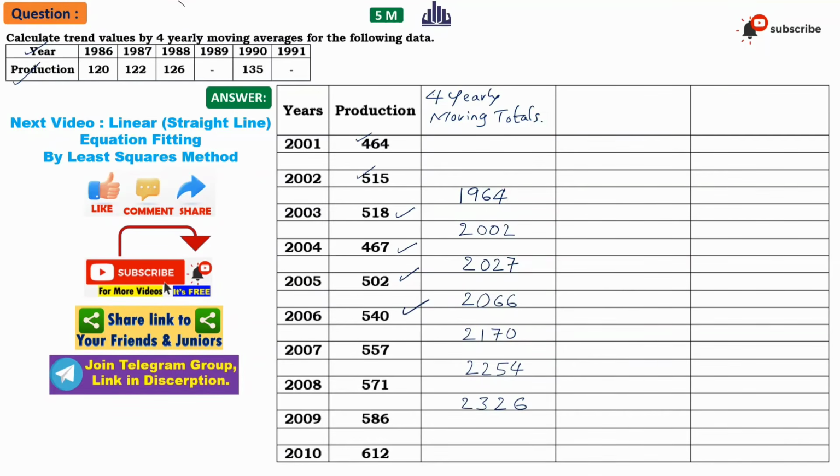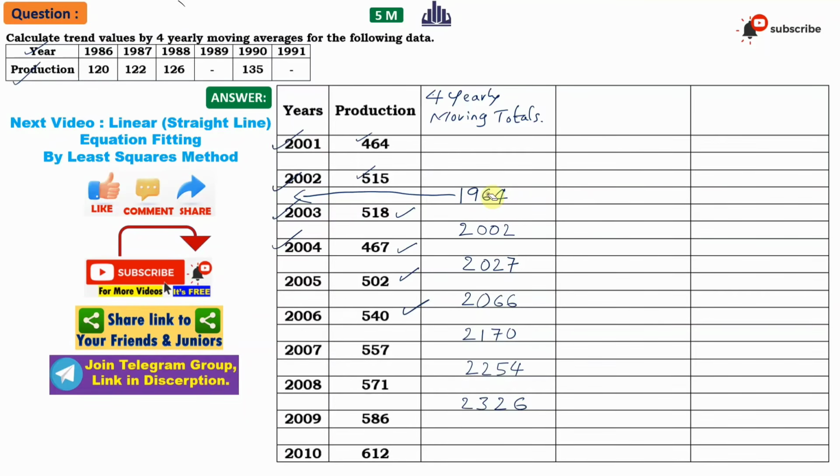Now, when we keenly observe these 4 yearly moving totals, these are not matching with the given time periods. For example, this 1964, whether it is matching with the given time points? No. Given time points are 2001, 2002, 2003, 2004, like this.